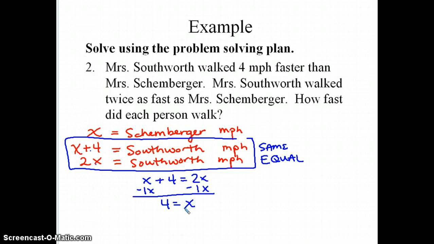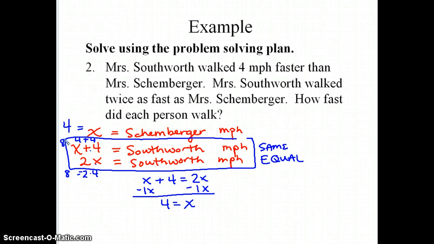Now, I know that 4 is equal to x. That tells me that Ms. Schemberger walks 4 miles per hour. And Ms. Southworth walks either 2 times 4, which is 8, or 4 plus 4, which is 8.